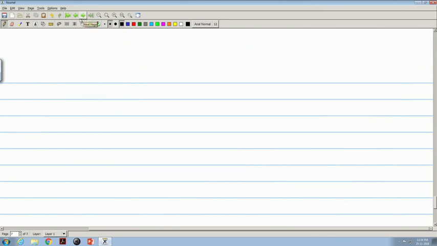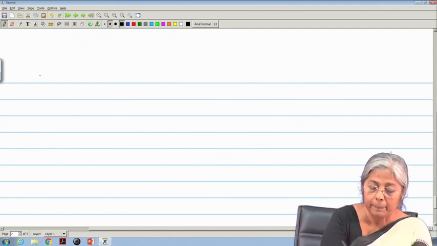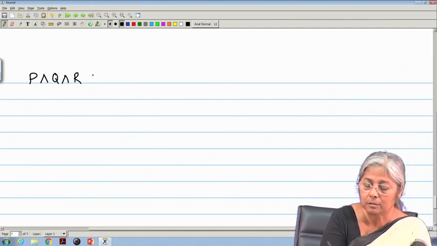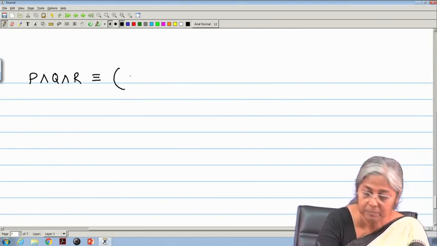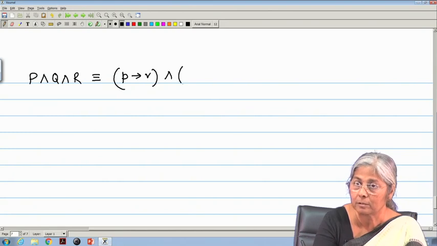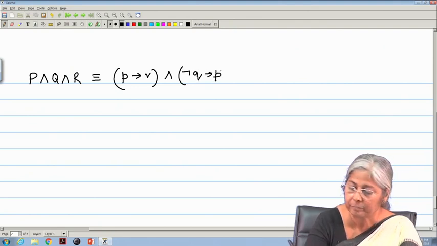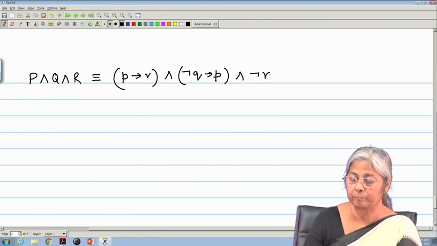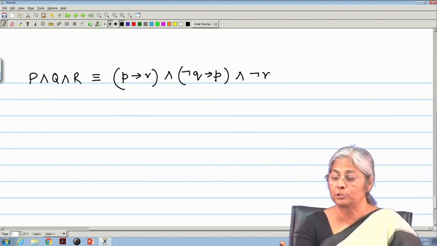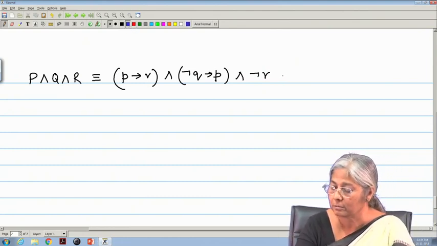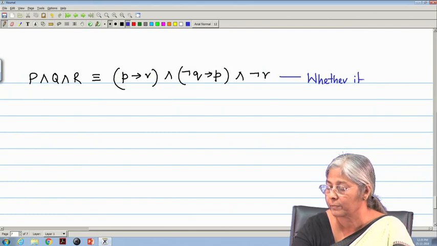So, the same thing we see: our compound proposition was P conjunction Q conjunction R, equivalent to P implies R and negation Q implies P and negation R. Now, we see whether it is a tautology or not.